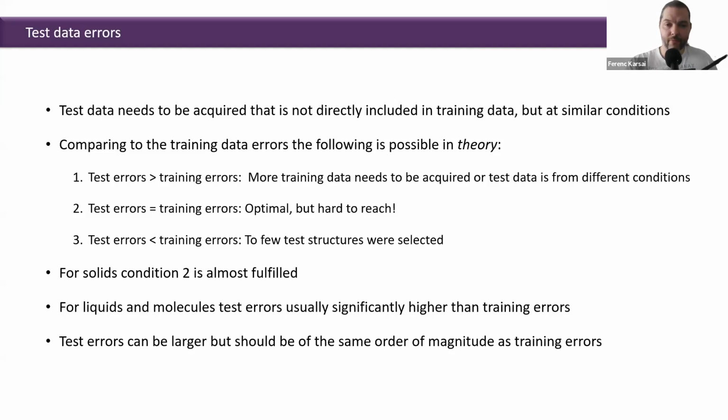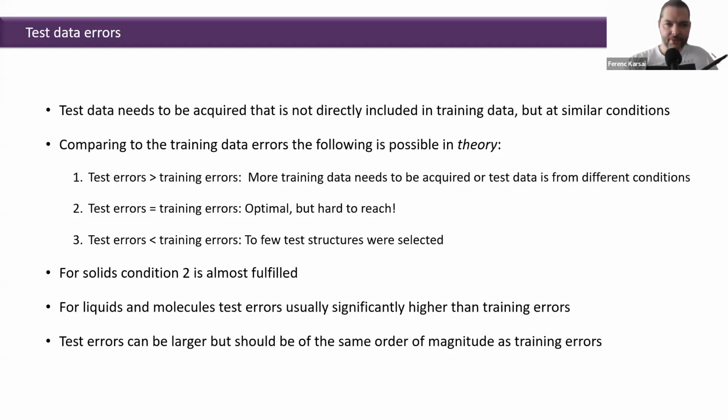This is the optimum, but hard to reach. Third, test errors are smaller than training errors. This usually means we have not selected a proper test set, that we have selected too few. Let's say you trained up until 500 Kelvin, and you select a few structures at 50 Kelvin. They're really easy to fit, so this doesn't represent a good test set. So you should usually have errors at least the same.